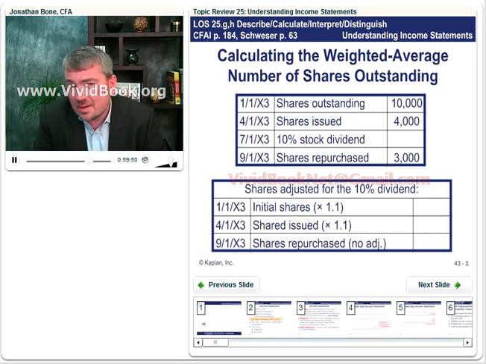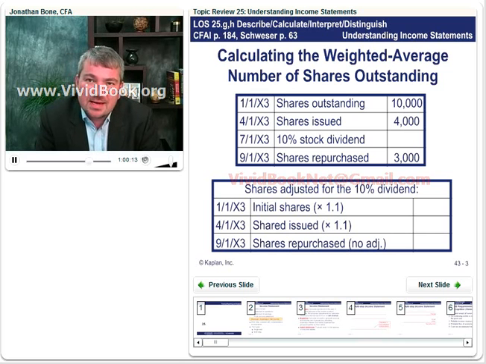So 4 represents the month, and then as a result we're looking at April. So on the 1st of April they issued 4,000 new shares. On the 1st of July there was a 10% stock dividend, and then finally on the 1st of September they repurchased 3,000 shares.